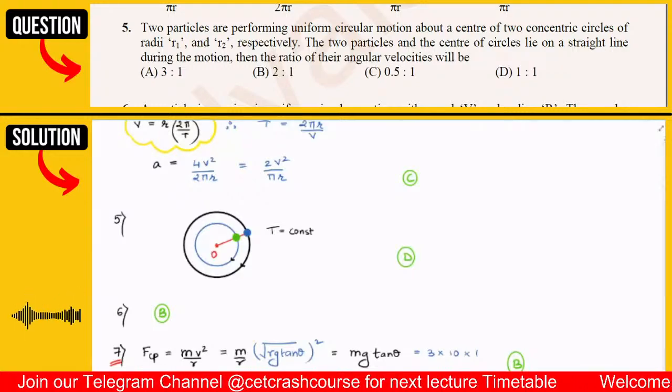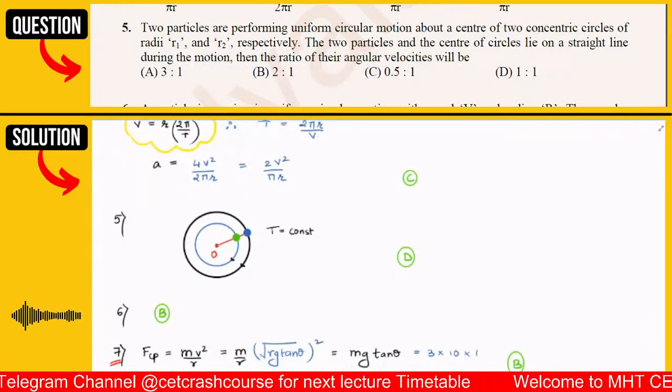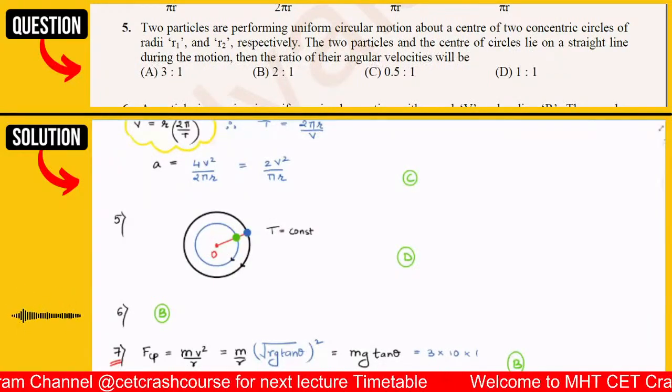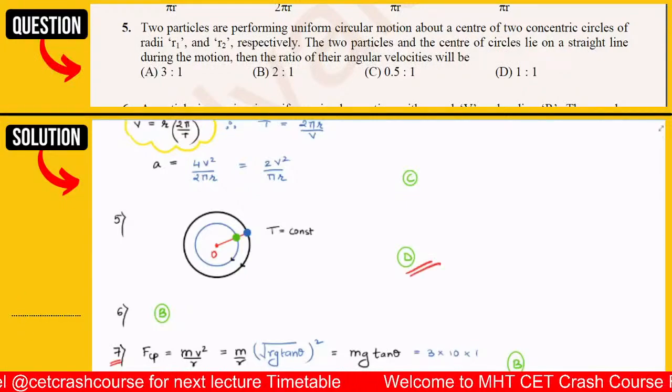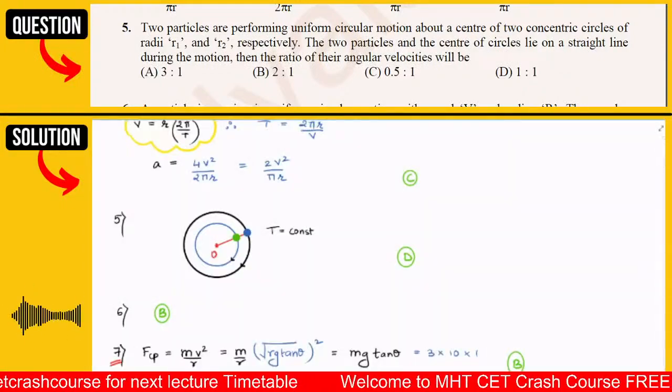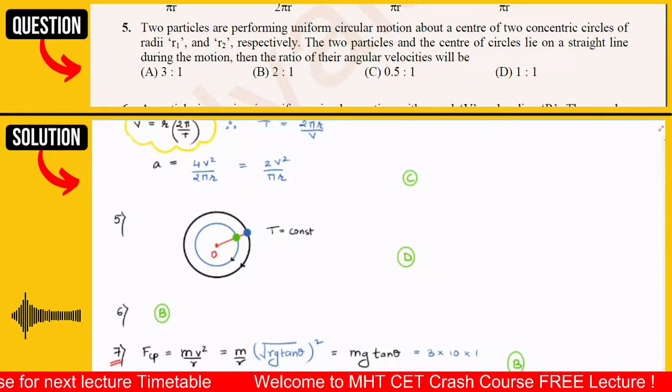Now if the time period is constant, it means omega is also constant. It means the ratio is 1:1, and the answer is option D. Very easy to understand.